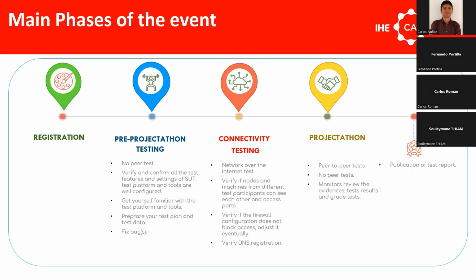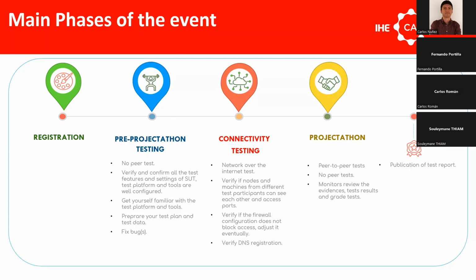So you can prepare yourself at this stage, then fix the bugs you identify in your implementation, because you applied for IPS. So you implement the IPS profiles, and then you need to check if your implementation is correct or not by executing the test plan we provide you. And after that, you can fix some bugs and then try your tests again.